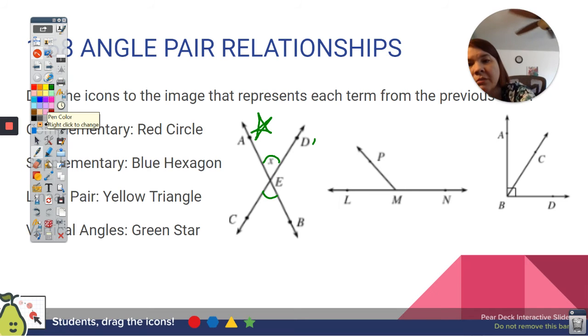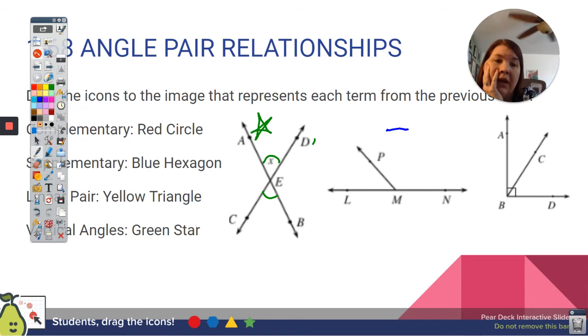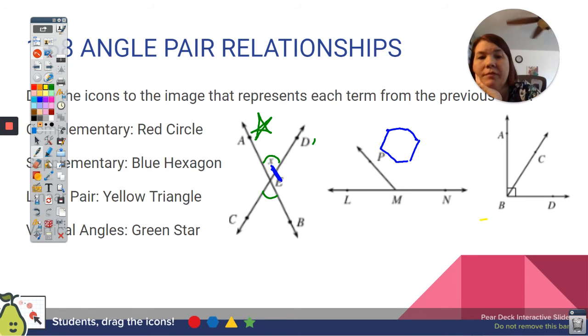The supplementary angles, the blue hexagon. There's actually several different places where I can put a blue hexagon. Supplementary angles, meaning adding up to 180. These two do. I can also put it right here for these 2 angles. Those also are supplementary. Linear pairs, the yellow triangle.